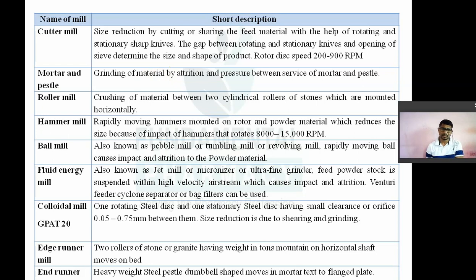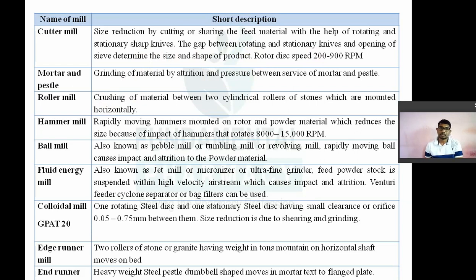First one is a cutter mill. What is cutter mill? Size reduction is done by cutting and shearing the feed material with the help of rotating knives and stationary knives. There will be two types of knives, rotating and stationary. The gap between rotating and stationary knives and opening of sieve determine the particle size and shape of the product. So a question can come on this.